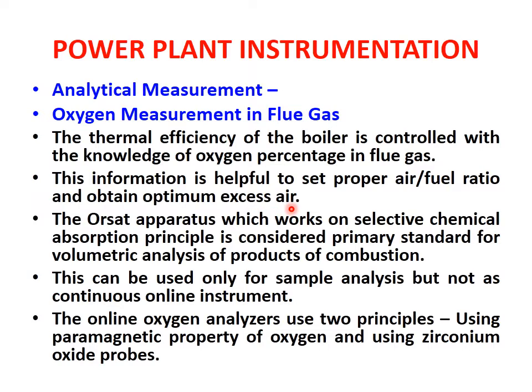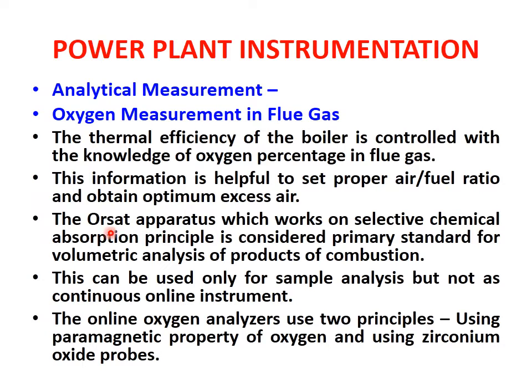This oxygen percentage value will help us to adjust the air fuel ratio, because we all know that for a perfect air fuel ratio, known as the stoichiometric air fuel ratio, a particular value of air fuel ratio is to be determined. So this information will help us to set the proper air fuel ratio, and therefore obtain optimum excess air.